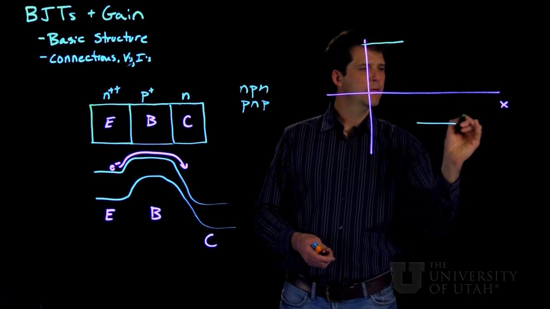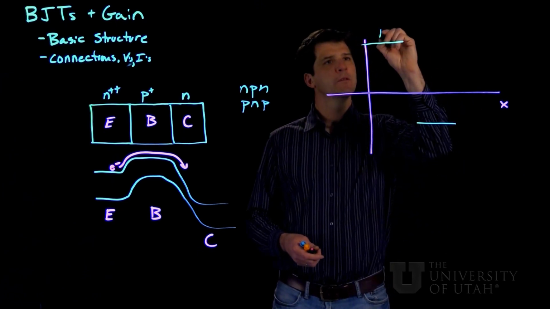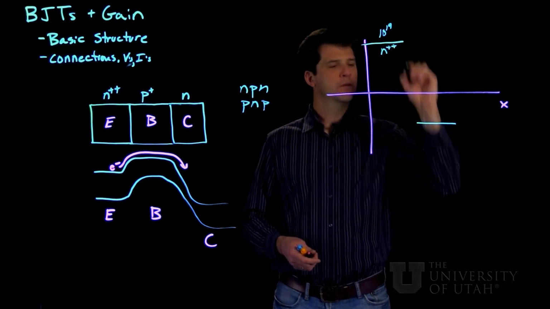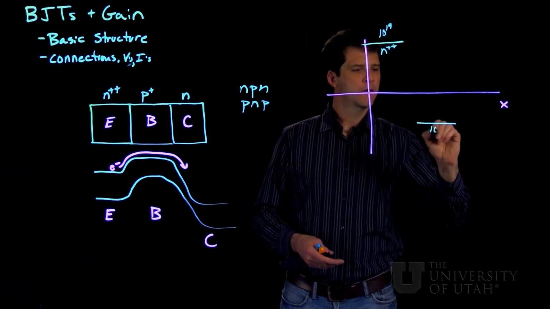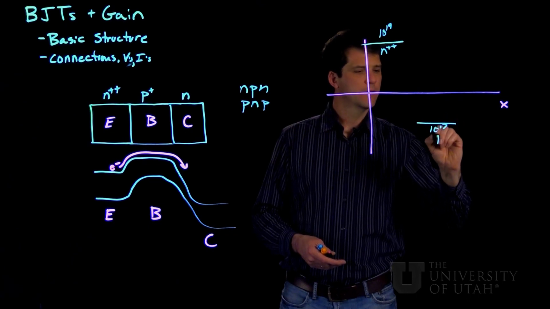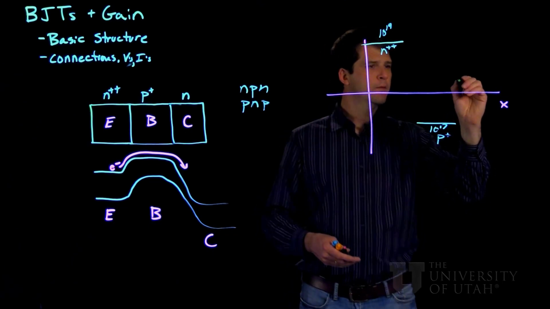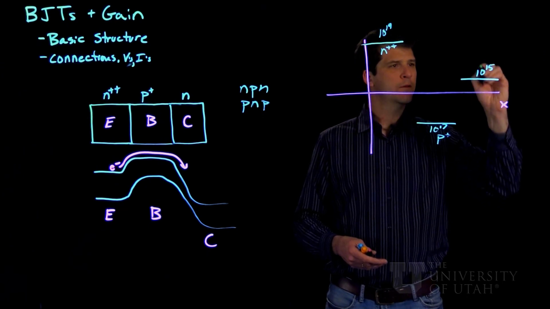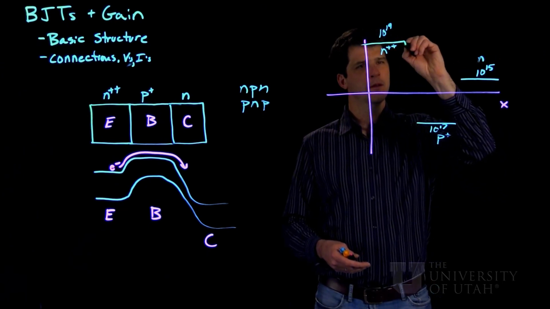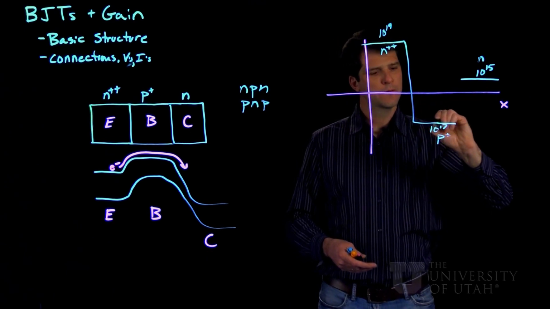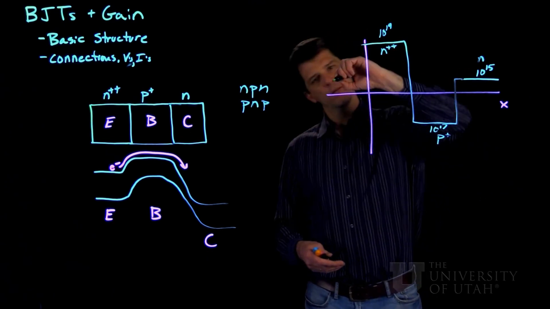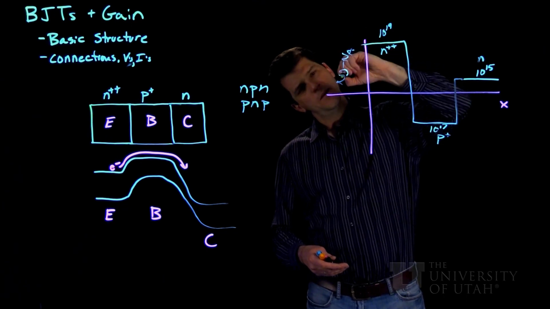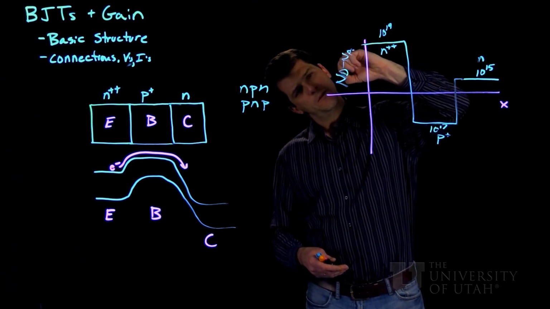The P plus side, we're at something like 10 to the 19 for the N plus plus, something like 10 to the 17 for the P plus, and then something like 10 to the 15 for the N side. And what I'm plotting here is ND minus NA, the net acceptor or donor doping.